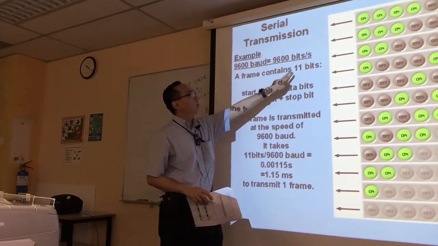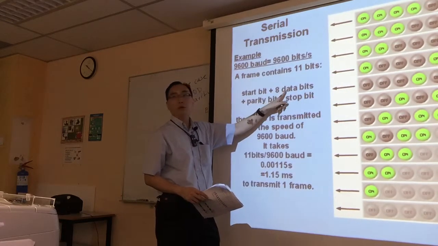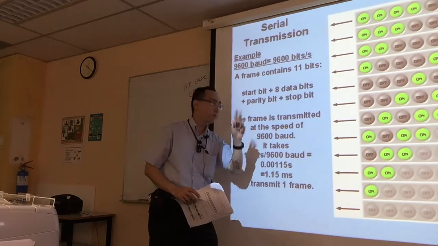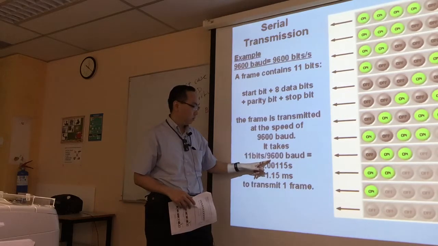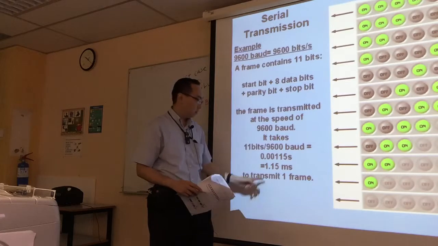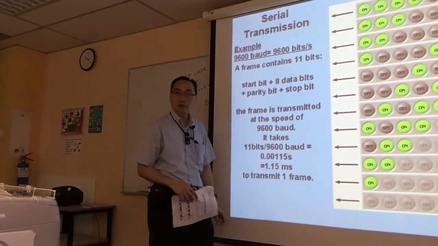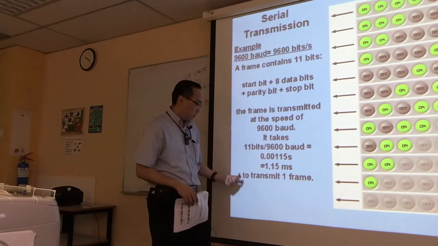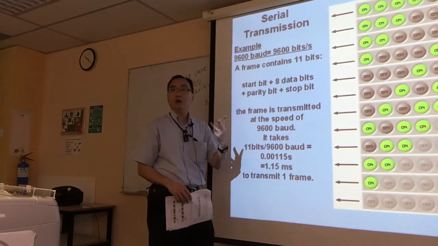You need to take the 11 bits. How do I get 11 bits? Because I got start bit, 8 data bits, 1 parity, 1 stop. Total 11 bits. So you take the 11 bits, divide by the baud rate, and that will give you the time taken. For example, 11 bits divided by 9600 is 1.15 milliseconds. This is the time to transmit 1 frame. 1 frame means 1 character.